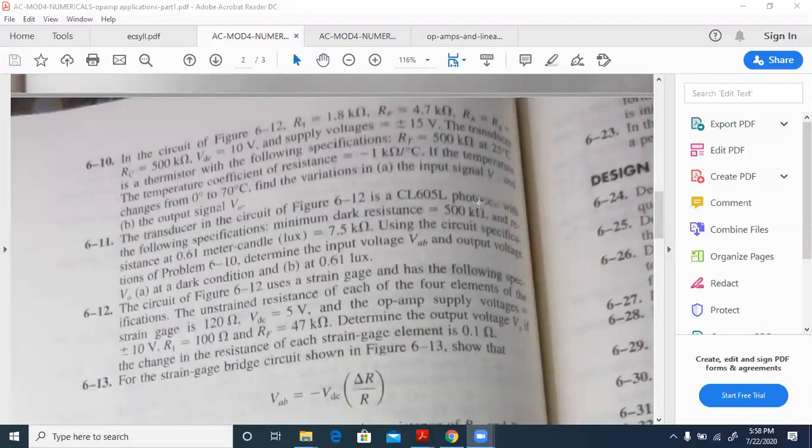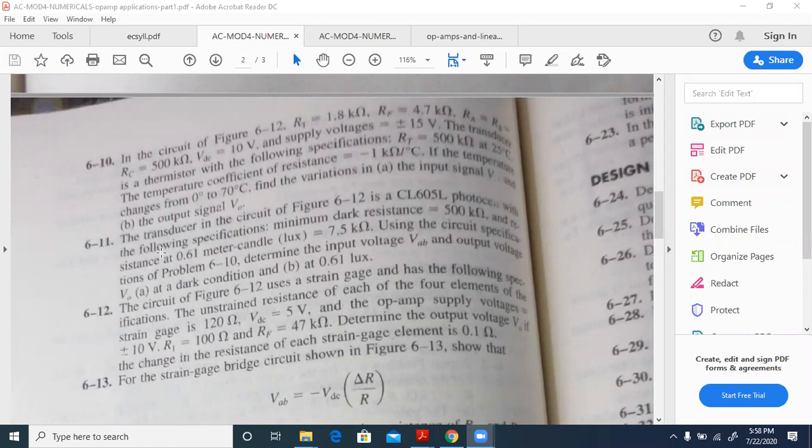Dark resistance is 500 kilo ohms. When 0.61 meter candle of lux falls, that much light falls on it, then the resistance will be 7.5 kilo ohms, reduced from 500 to 7.5 kilo ohms.